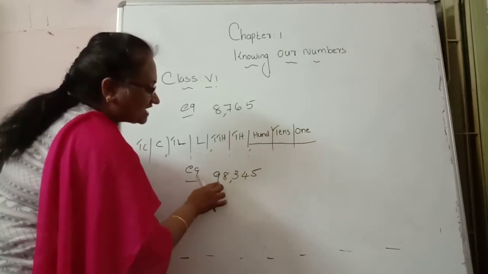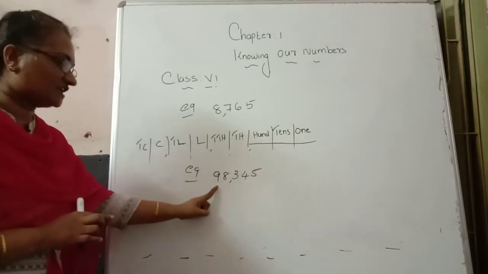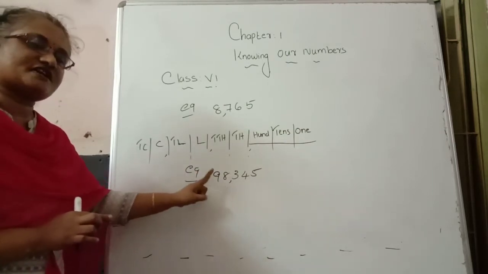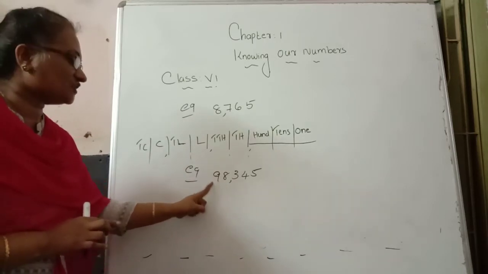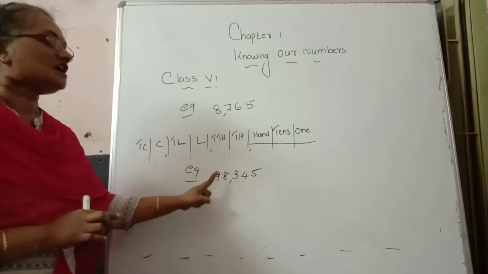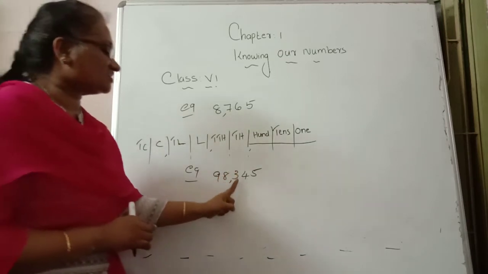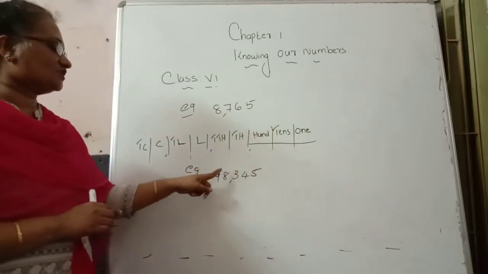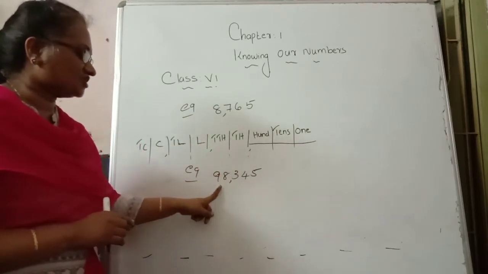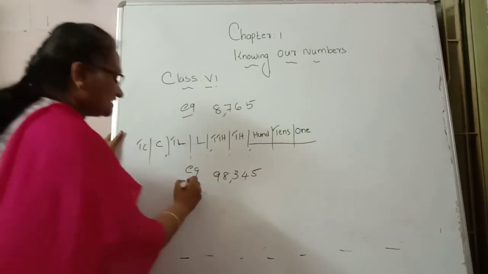Then 8 and 9 are in which group? 1000 group. 9 and 8 are taken together, so we read this number as 98,345.